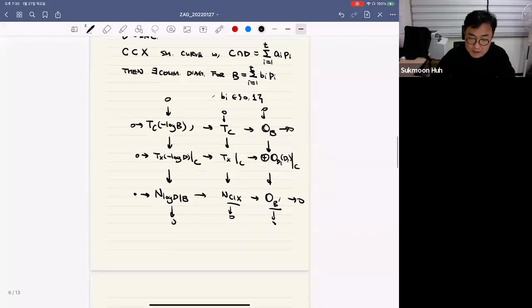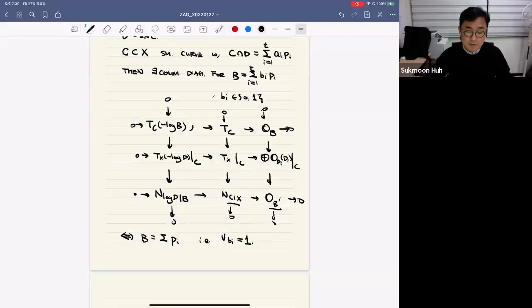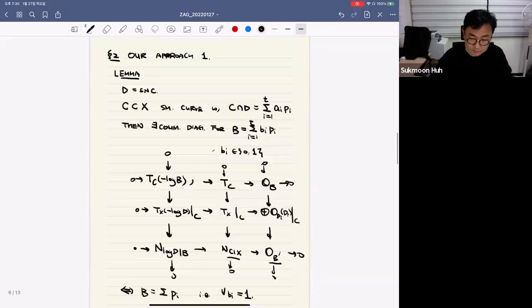We have this commutative diagram for these points B if and only if all the b_i are equal to 1. B is just the sum of the p_i. That means any b_i is equal to 1. That is the if and only if condition. Okay.